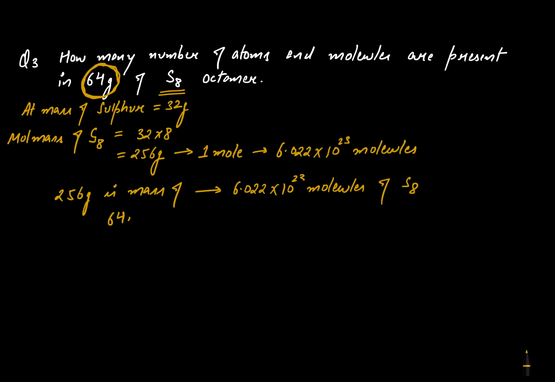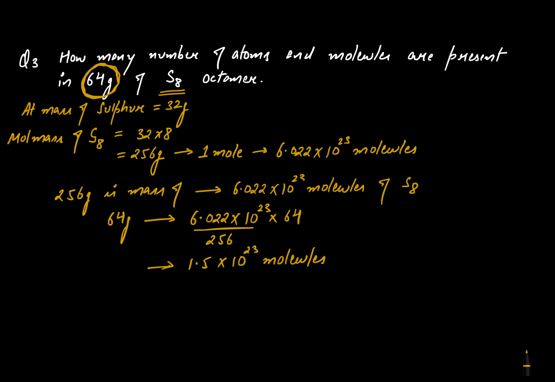Then 64 grams will have 6.022 into 10 raised to power 23 divided by 256, into 64. Your answer comes out to be 1.5 into 10 raised to power 23 molecules. That means 64 gram of S8 will have 1.5 into 10 raised to power 23 molecules.